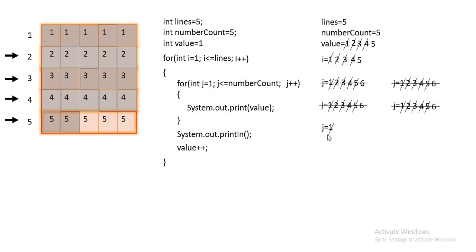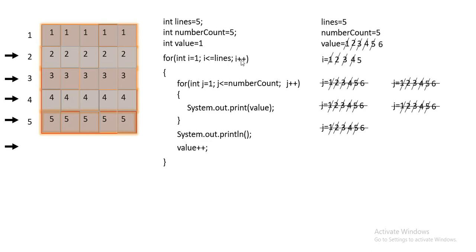Then j becomes 2. 2 less than or equal to 5, so print this 5. Similarly, these 5s are also printed until j becomes 6, and end this for loop.